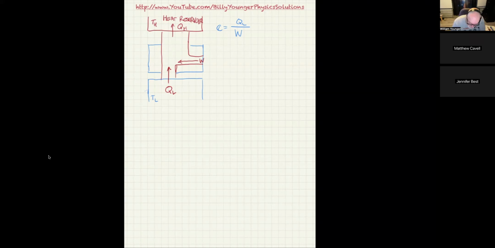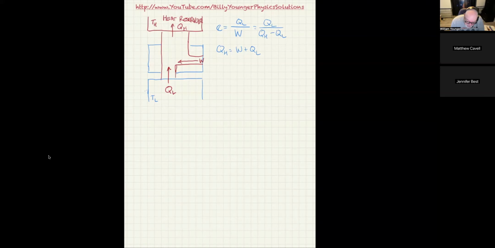Now, in principle, remember this diagram also shows the same conservation of energy equation that we had for heat engines, specifically that QH is going to equal W plus QL. So you could ultimately say this would be QL over QH minus QL.